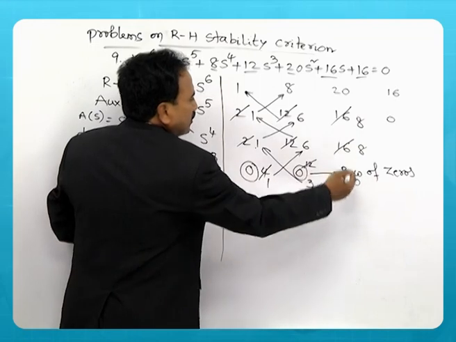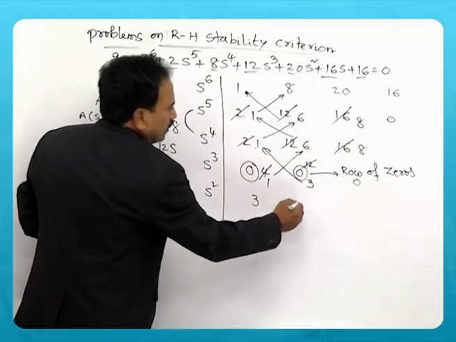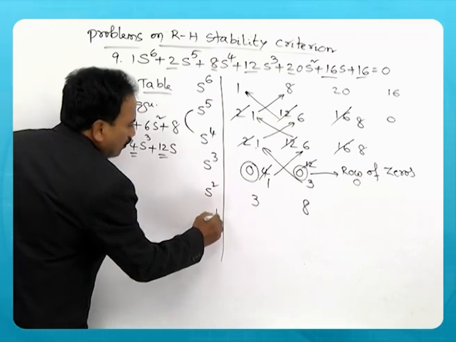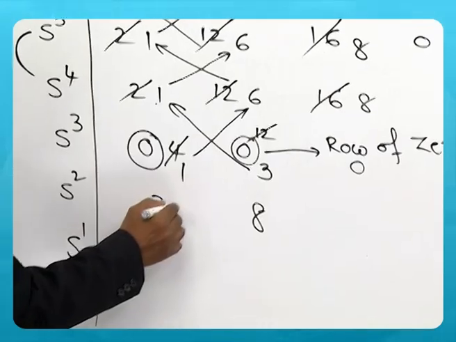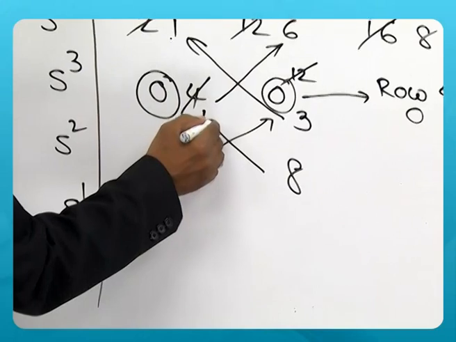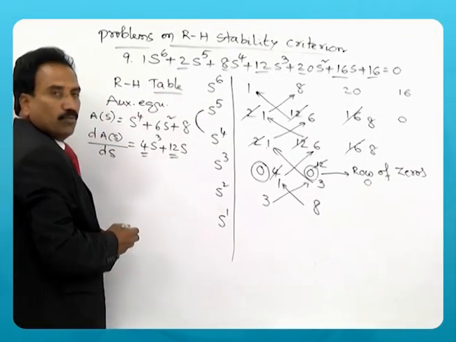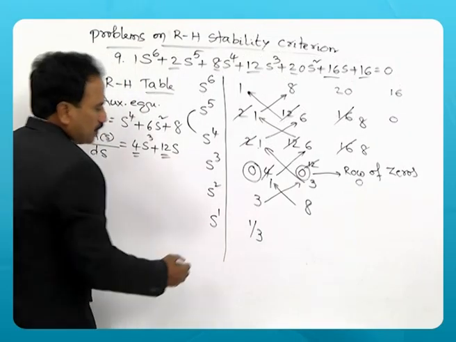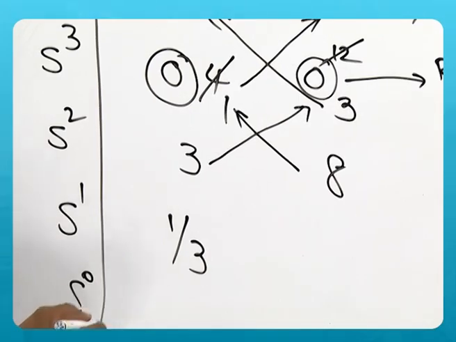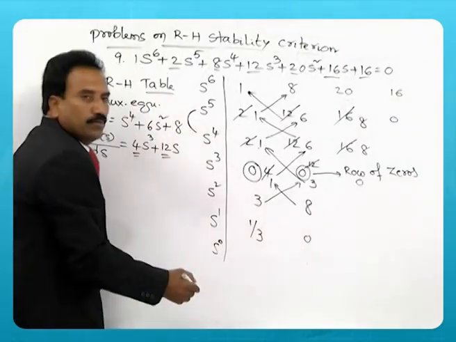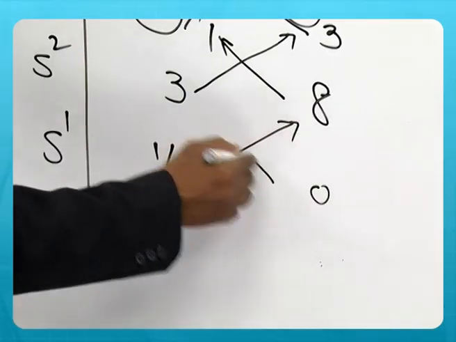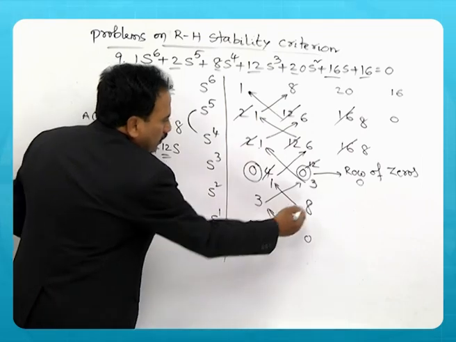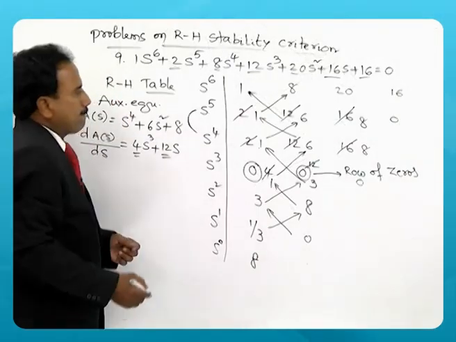So this is 8 minus 0 by 1. So you get 8. Next, the s power 1 row, that is 3 into 3, 9, minus 8 is 1, and 1 by 3. To get the s power 0 row, you can assume here 0, and the product of these two, divided by this component, you will get 8.